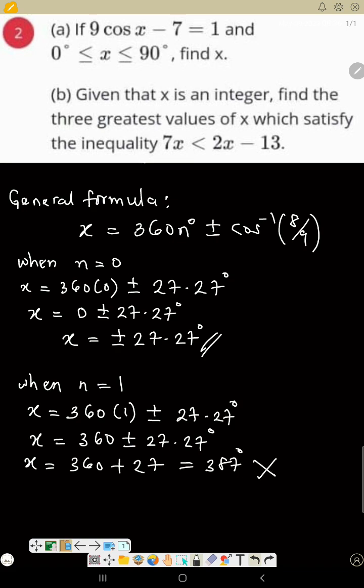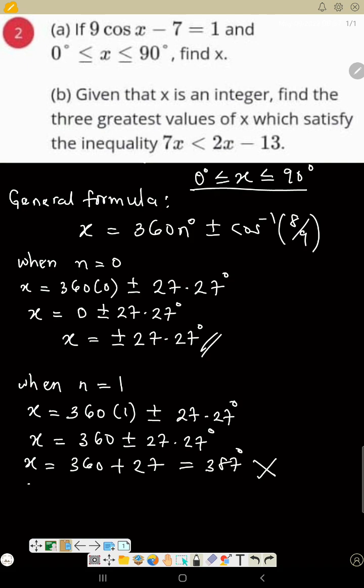That is out of range. So how is it out of range? Because the range of values we have is 0 is less than or equals to x, and x is less than or equals to 90. So the range of values of x that we want is from 0 to 90 degree. But this now is more than that range, so it's more than 90, so it's out of range.